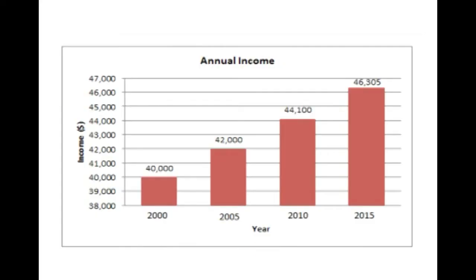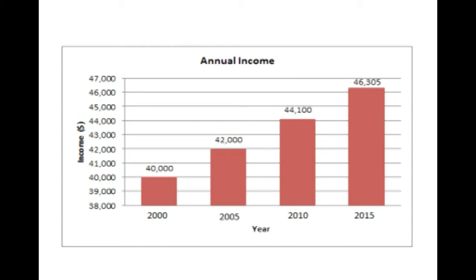For inferential statistics, we can represent the chart as following. You can see that the year is mentioned on the x-axis and income in dollars is mentioned on the y-axis. The annual income chart is thus represented like this. In the year 2000, the annual income was $40,000.